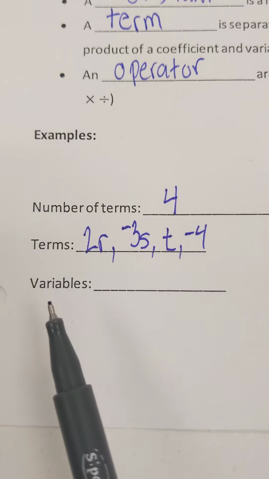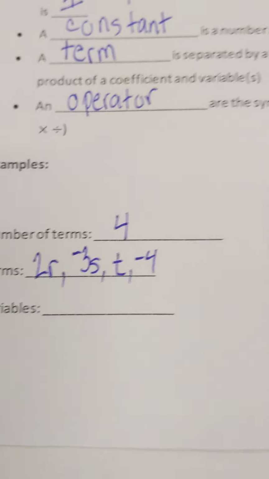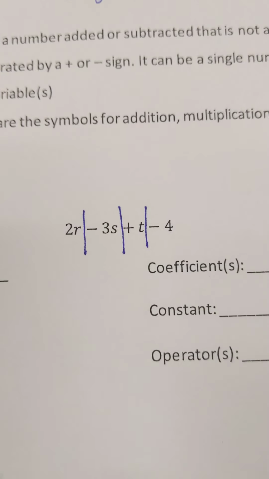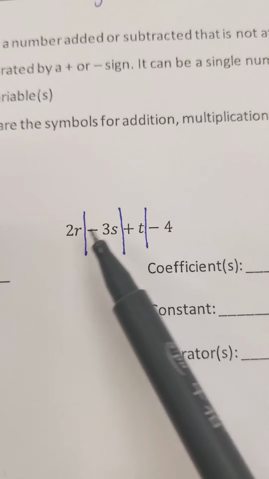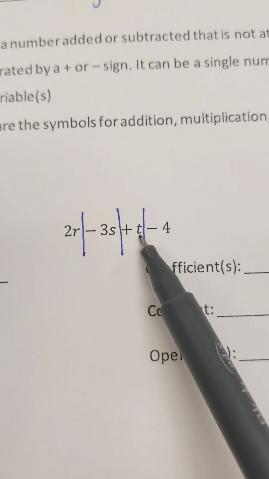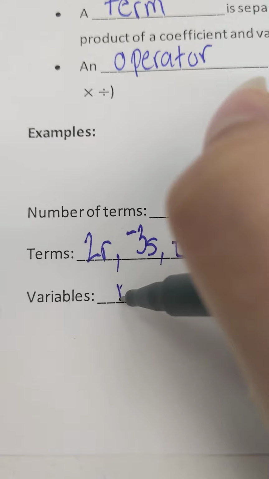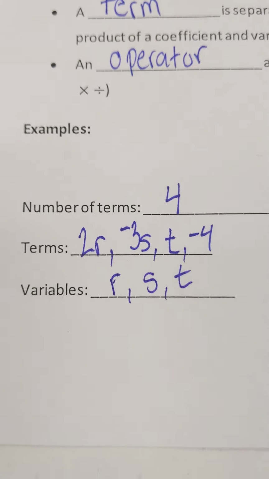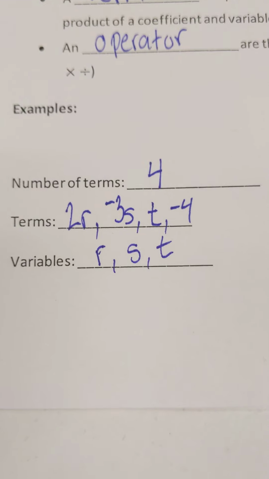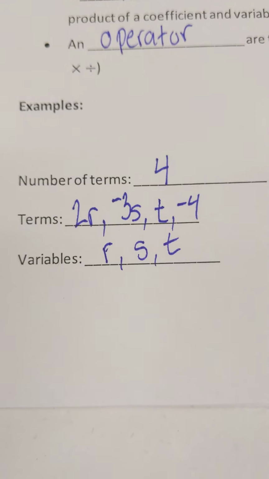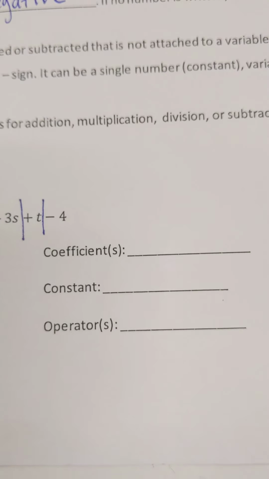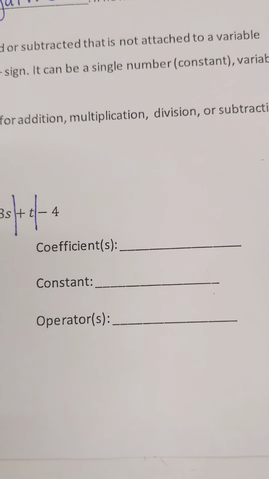What are the variables? Remember that the variables are the letters. So when you look at this, what are the letters in this expression? R, S, and T. The variables are just the letter parts. You don't put the numbers with them. What are our coefficients? Every variable has a coefficient.